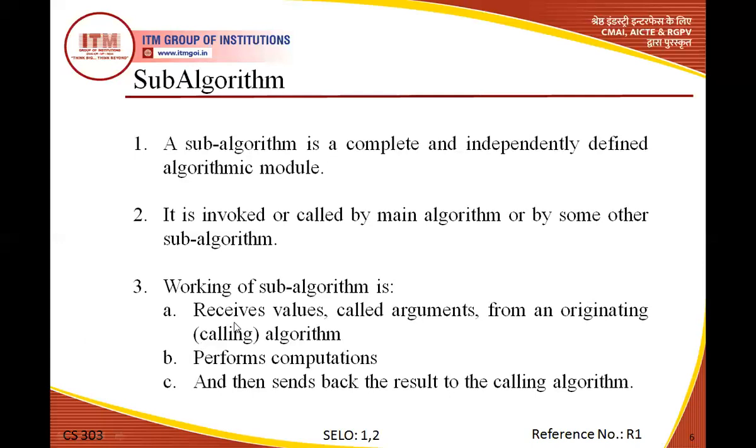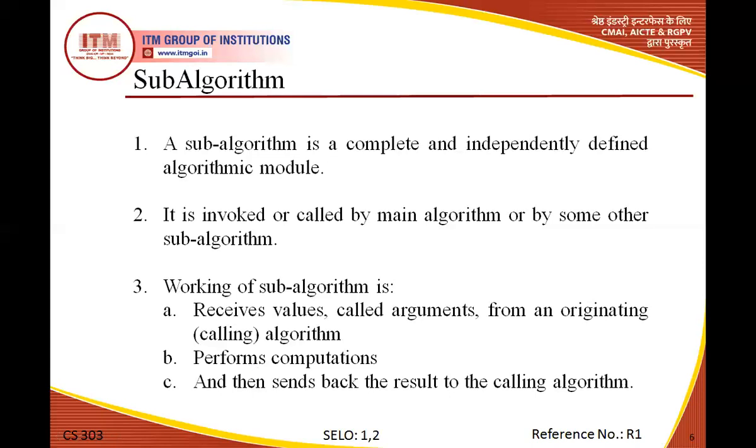What do you mean by receiving a value called an argument from an originating calling algorithm? The sub-algorithm receives arguments from the originating algorithm. The sub-algorithm is called by the main program, and it takes some arguments with it. Whenever you call a sub-algorithm, some parameters we have to pass, and these are called arguments.